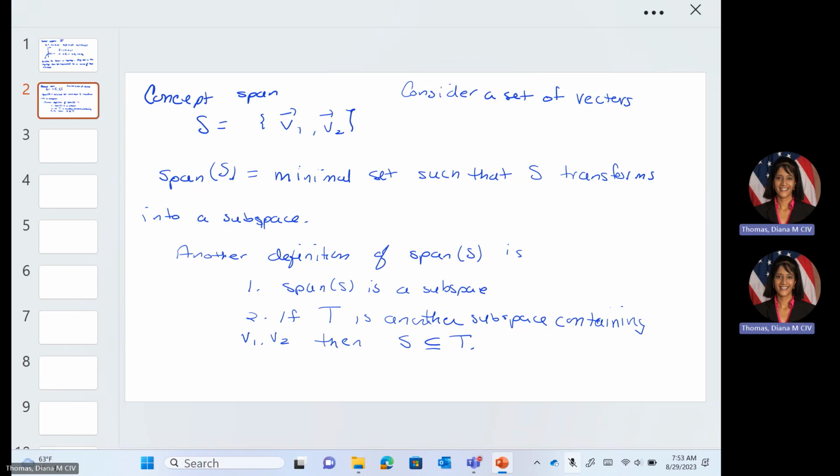It's kind of like the least common denominator. It's the smallest possible subspace that you can generate from these two vectors.